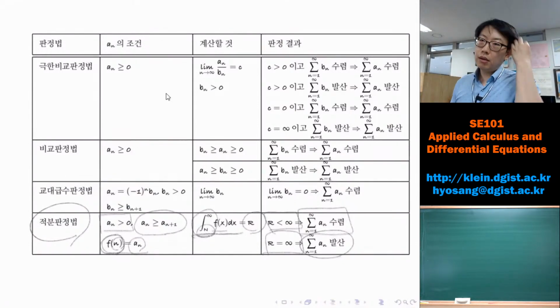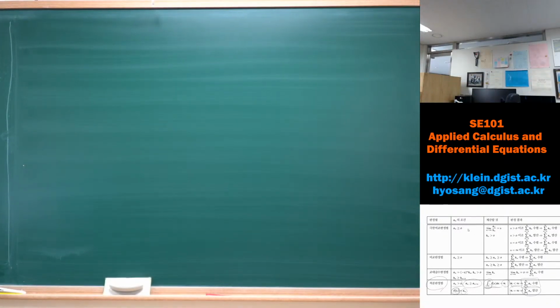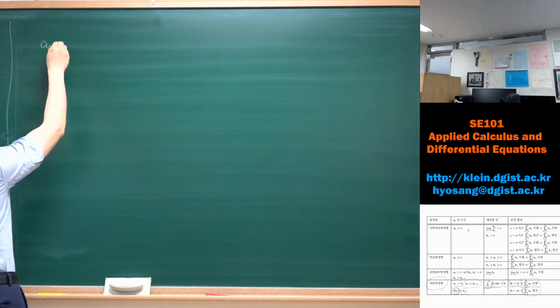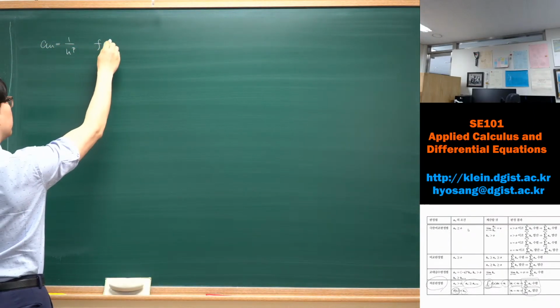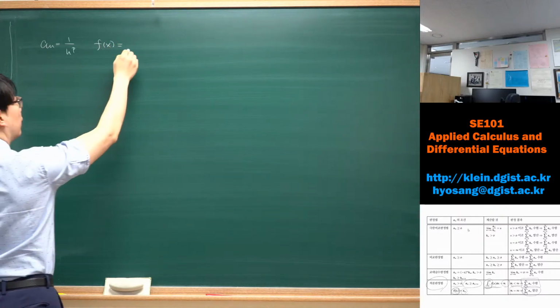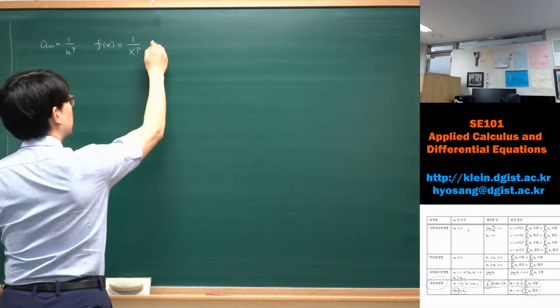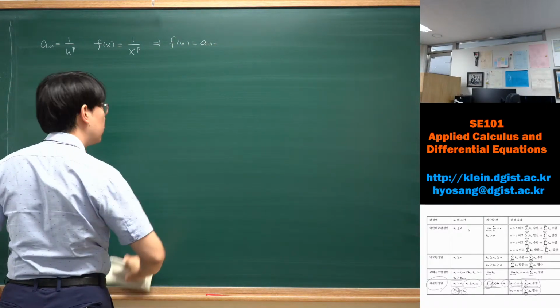So let's look at the power series test again. We have a_n as 1 over n to the p. Let's define f of x as 1 over x to the p. In that case, f of n equals a_n.